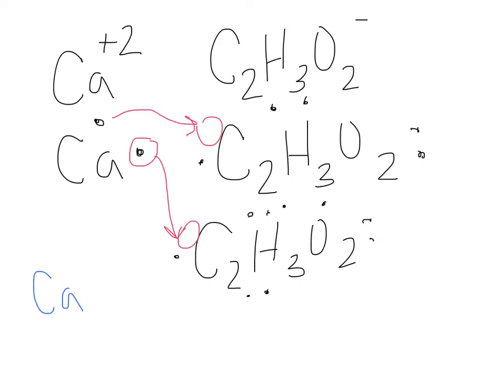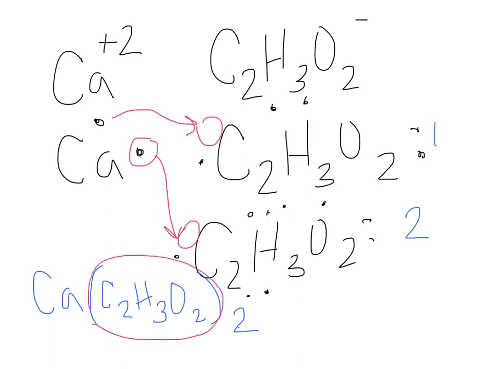I have 2 acetates. So I need to put parentheses around my acetate, C2H3O2, another parenthesis, and then put the 2 after that, because this 2 tells me that I have 2 acetates. There's 2 of this whole chunk here.